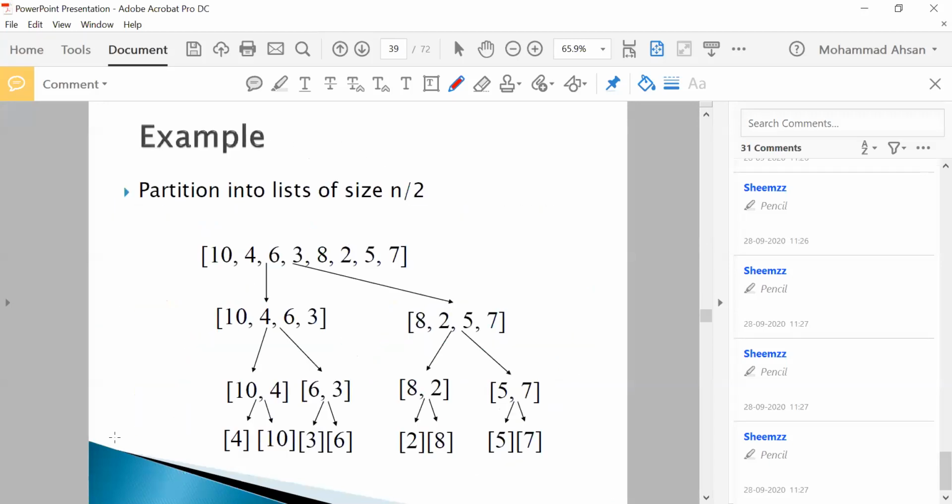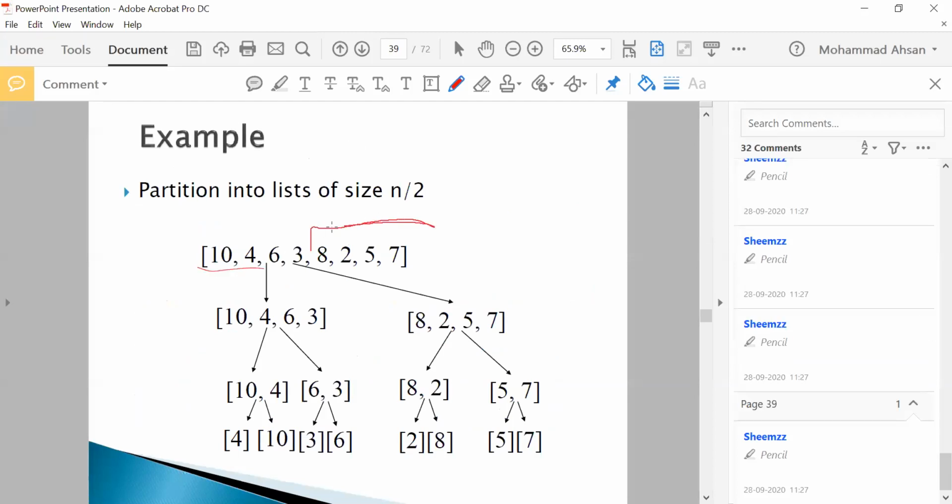Okay, so this is your example. Dividing is simple. You're actually just splitting the array apart into two halves, then two halves again, like this for all of them.